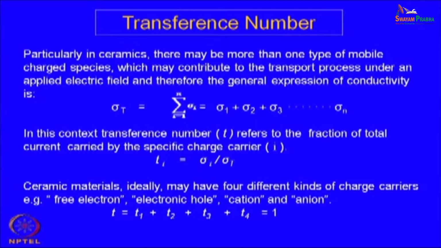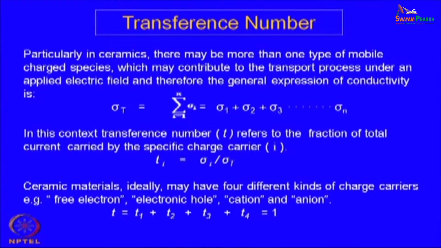It may be cations, it may be anions, and whenever there is a free electron, there may be a possibility of holes as well, the absence of an electron or the vacancy of an electron. So, the concept of hole is also there. It is very similar to the concept of vacancy in point defects.